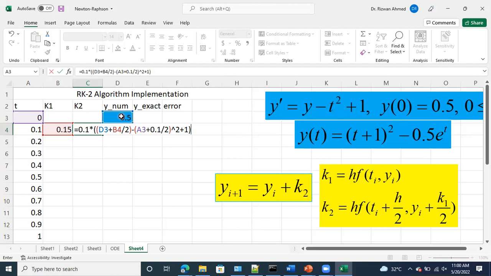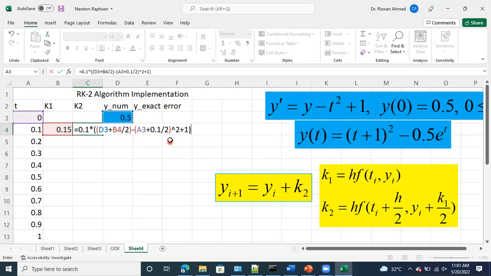So this is the expression to compute K2 for this problem. Every y was replaced by yi plus k1 by 2, and every t in the expression was replaced by ti plus h by 2. So that is the calculation of K2.